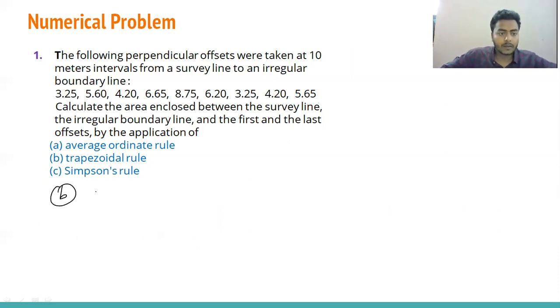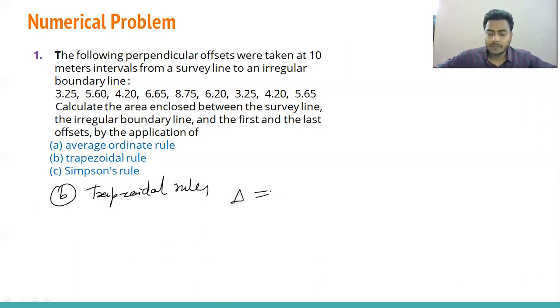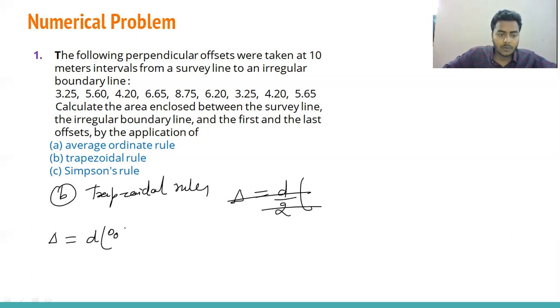Now B, trapezoidal rule. Write the actual formula: area is d into O naught plus On divided by 2 plus O1, O2, O3 and so on.